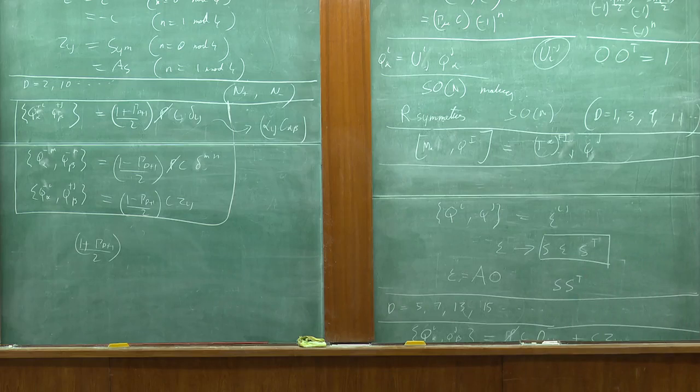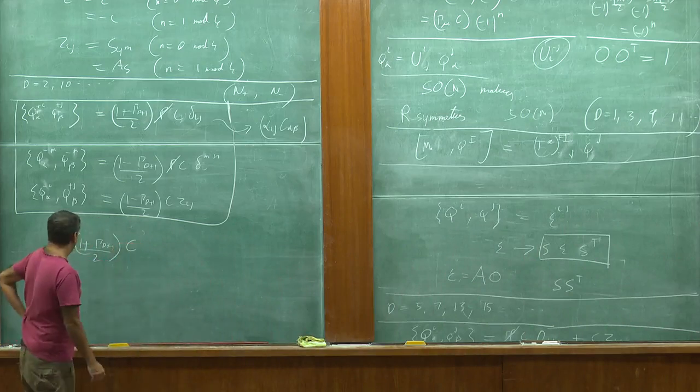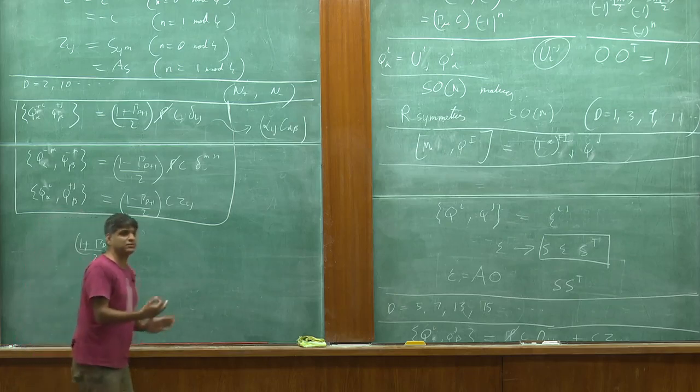But now I want to take this thing through C. Okay, now when I take this through C, remember what this gamma d plus 1 was.